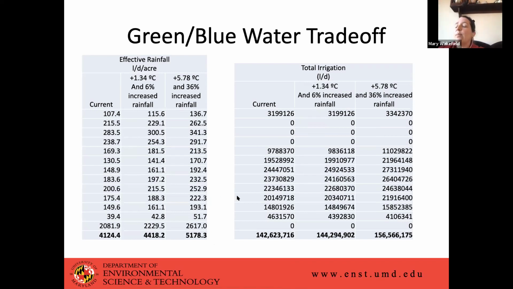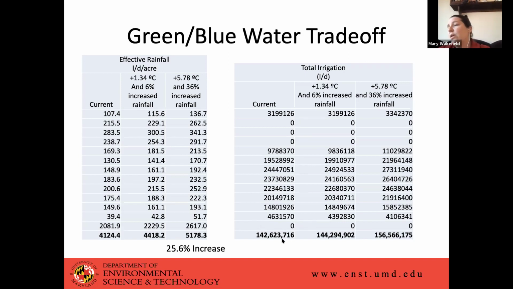So here we have them side by side for comparison. Currently, we are getting approximately 4,124.4, and my apologies, that's millimeters or liters per day per acre. However, if we increase it just a little, we've got a small increase, a 7.1% increase in rainfall. And if we go to the maximum predicted increases, we've got a 25.6% increase in rainfall.